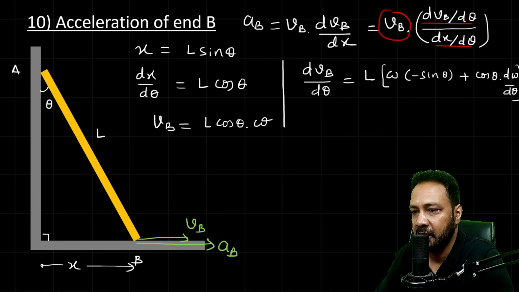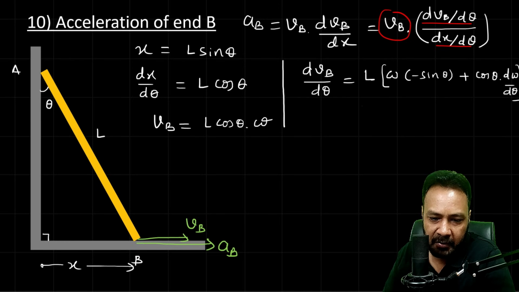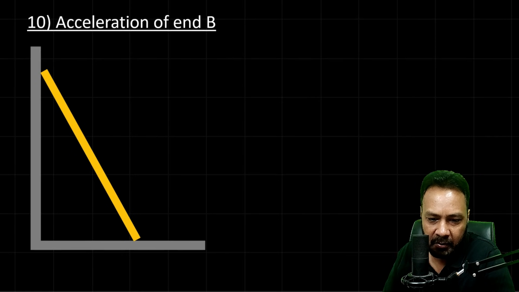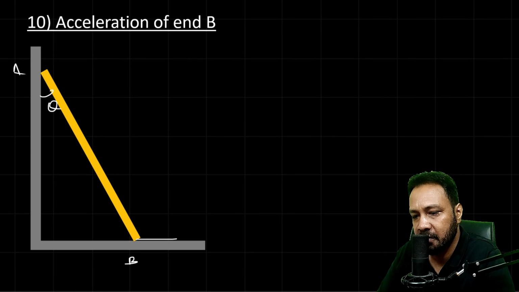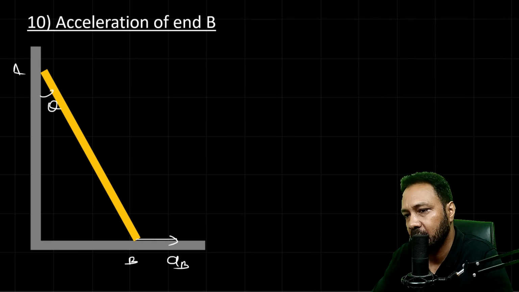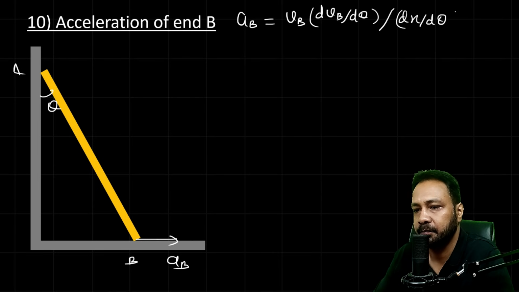VB is this, dV by d theta we calculated in the next page, and dx by d theta. So club all those things together. AB, and this acceleration is AB. AB got VB dVB by d theta divided by dx by d theta.